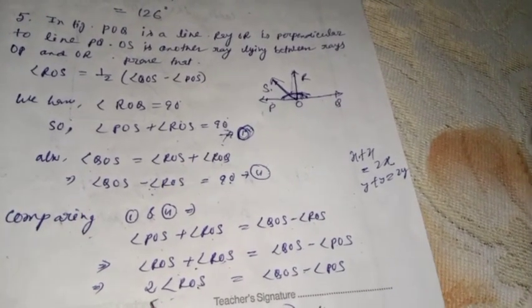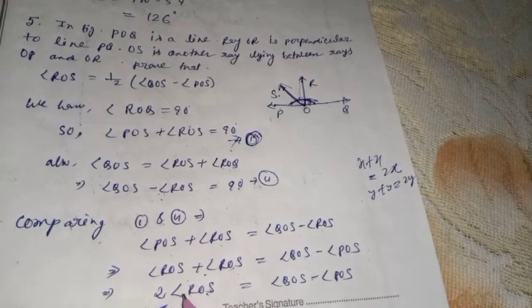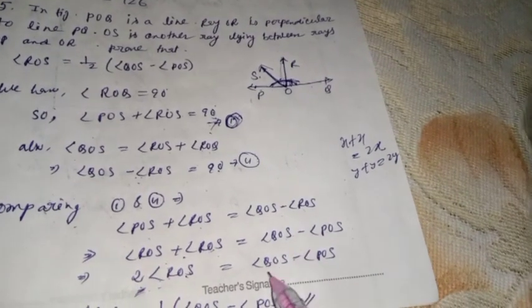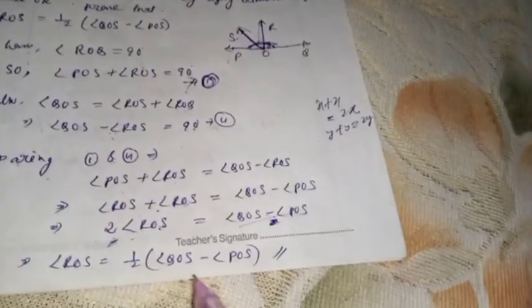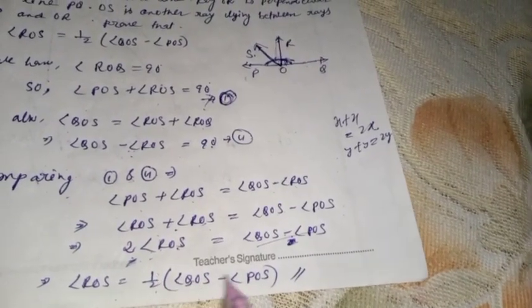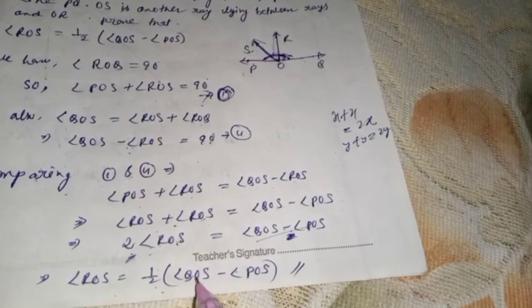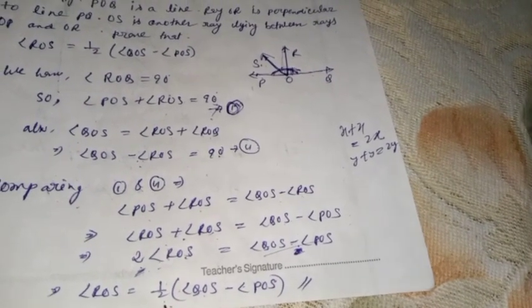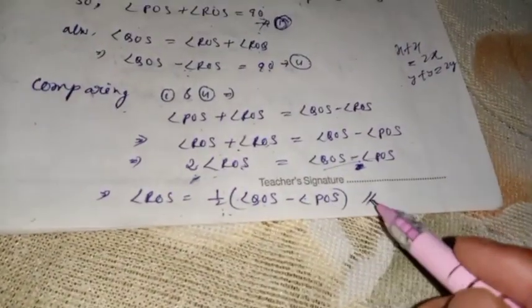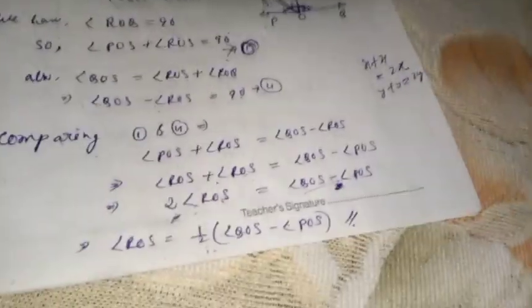Now this 2 is multiplied with ROS. If you transfer this 2, it will be divided, or not? It will be divided. So you can write it this way: angle ROS is half of angle QOS minus POS. It means divide only. Why? Because QOS minus POS into 1 by 2. Yes or no? So we got this one. I hope all of you understood this.